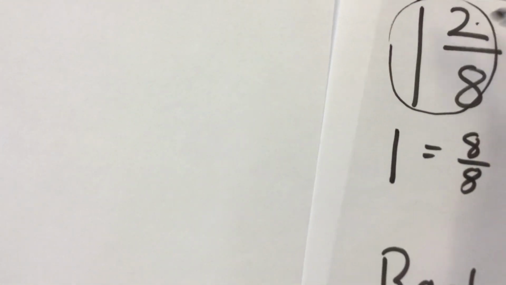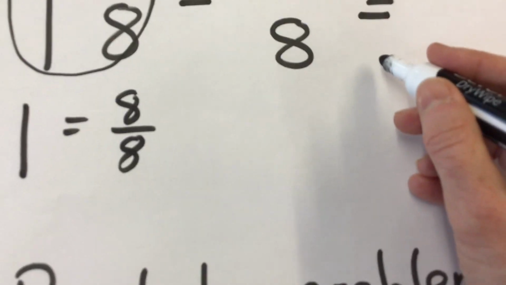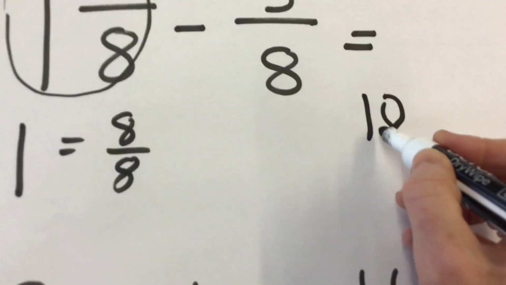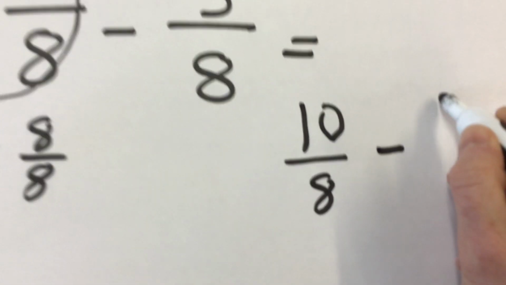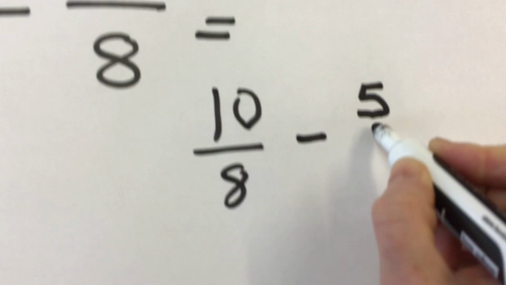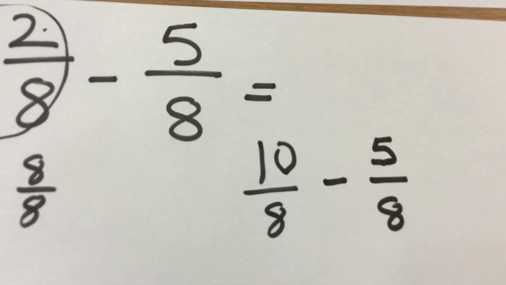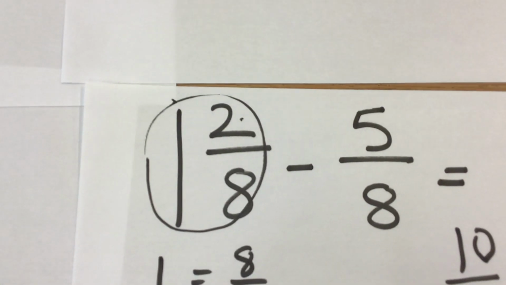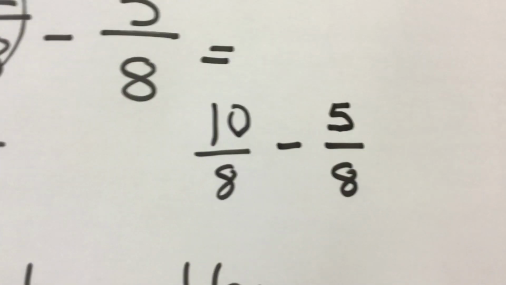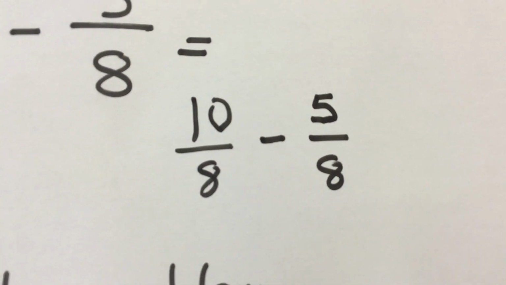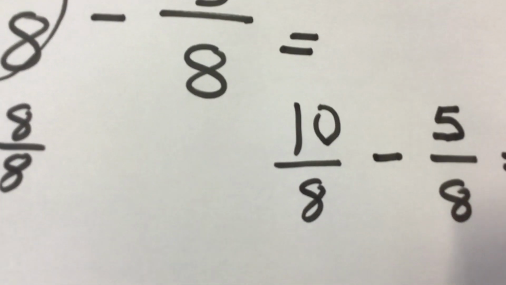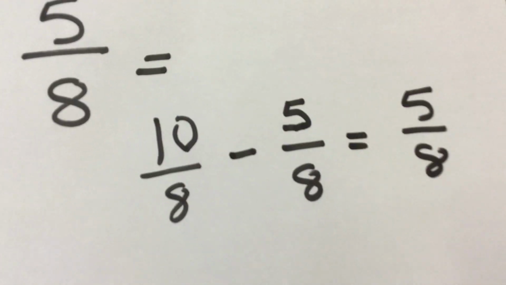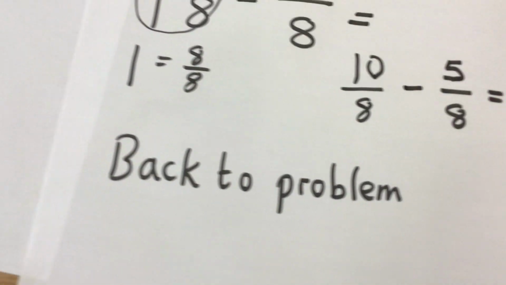So my 8/8 and 2/8 gives me 10/8. And my calculation says I need to subtract 5/8. 1 and 2/8 subtract 5/8 is the same as 10/8 subtract 5/8. And that gives us 10 take 5, 5/8 as an answer.